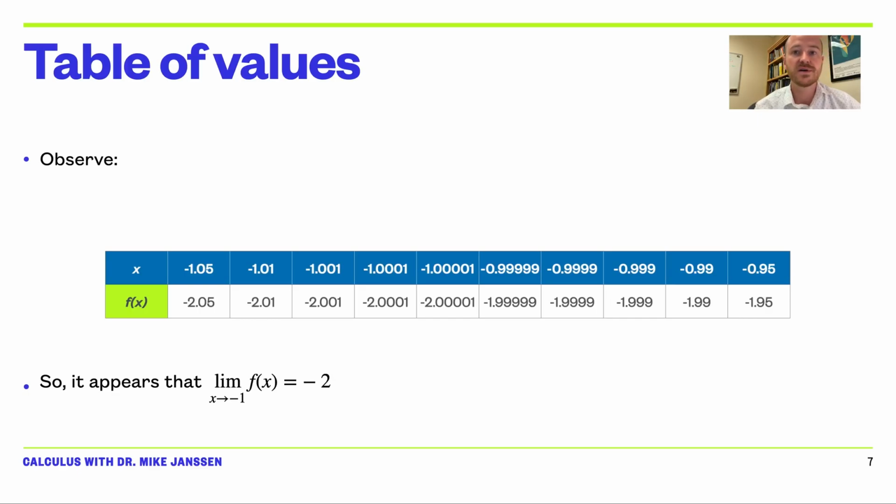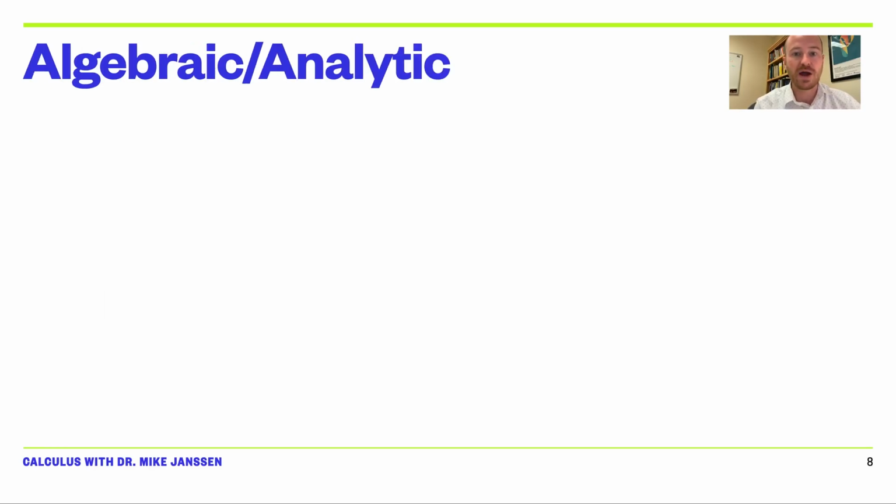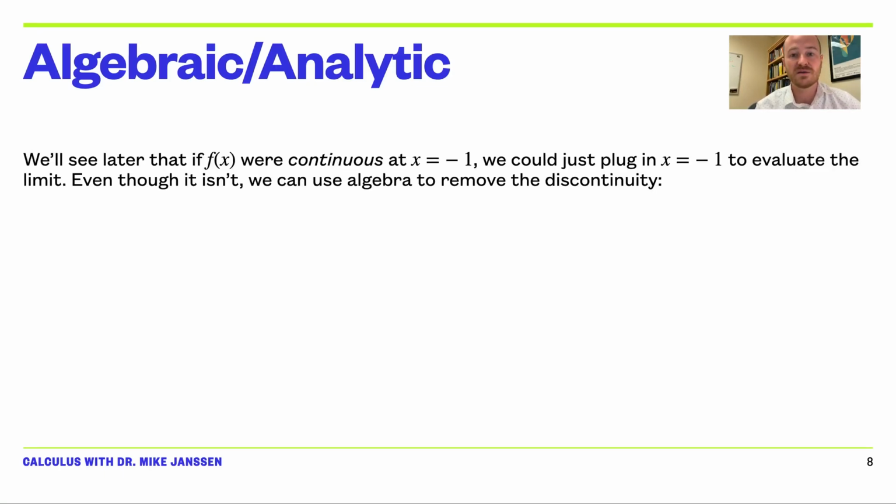Our preferred method for computing limits will be known as an algebraic method or an analytic method. This involves actually manipulating the function in some way, simplifying the function, and then if the function is sufficiently nice, maybe it's continuous, then plugging in the value that x is approaching.